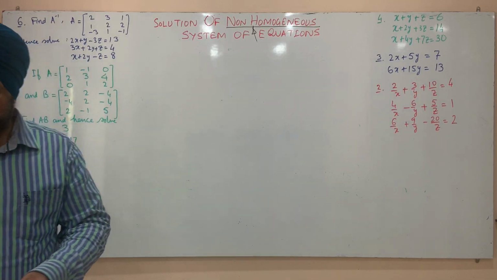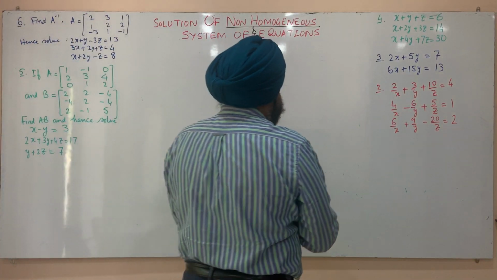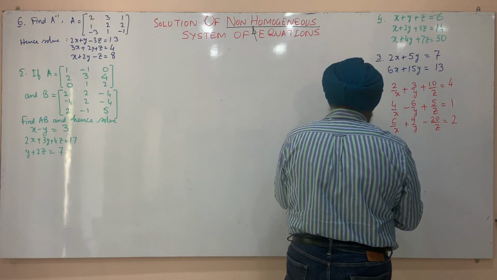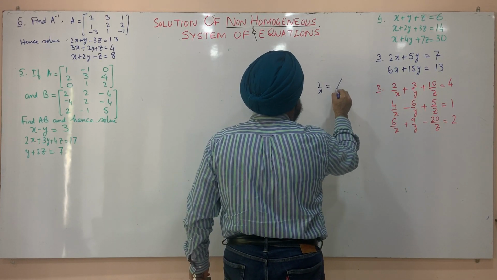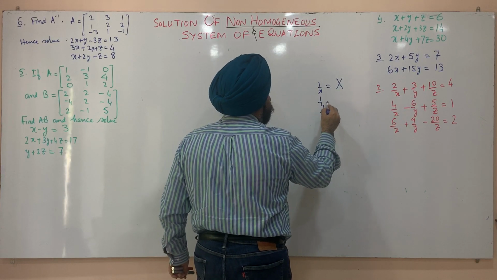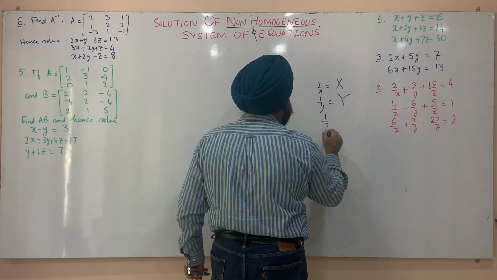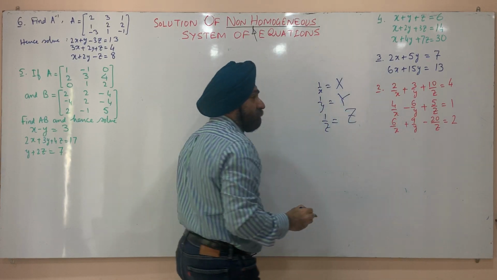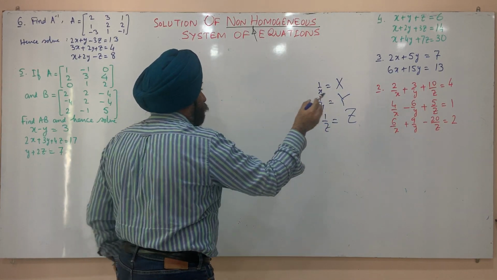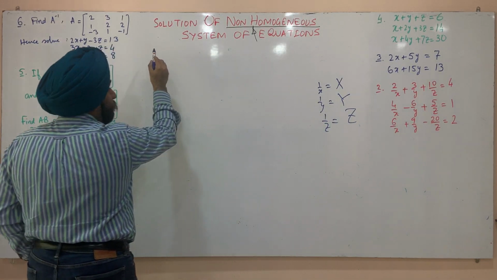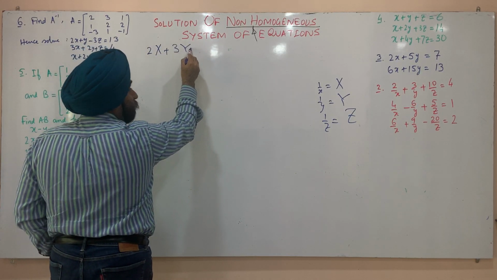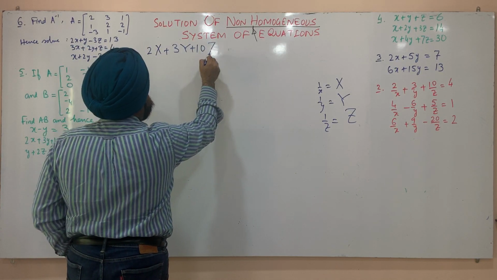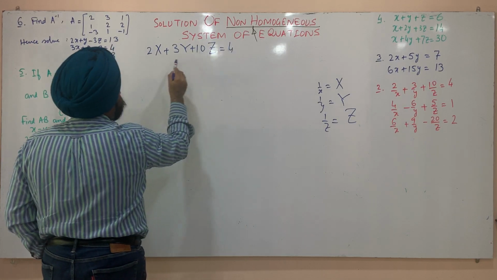If we write 1 by x as capital X, 1 by y we take as capital Y, and this is capital Z. The system of equations is now 2X plus 3Y and plus 10Z. This is equal to 4.